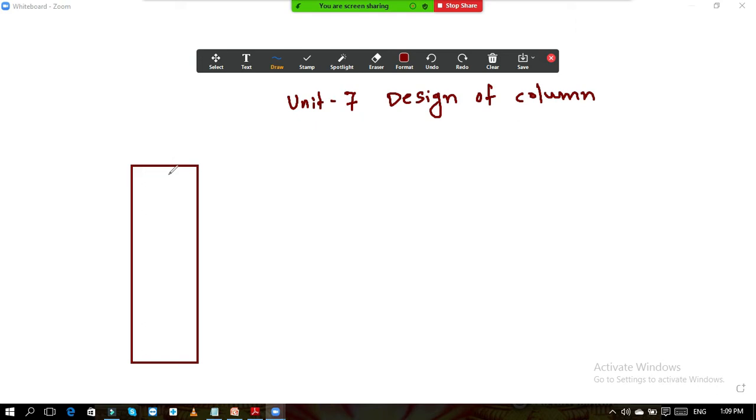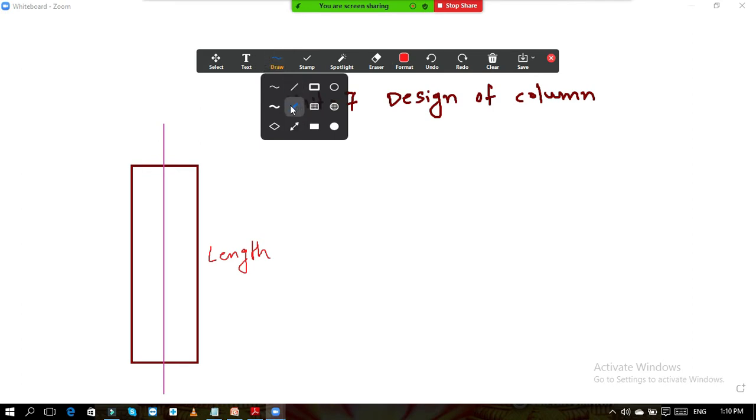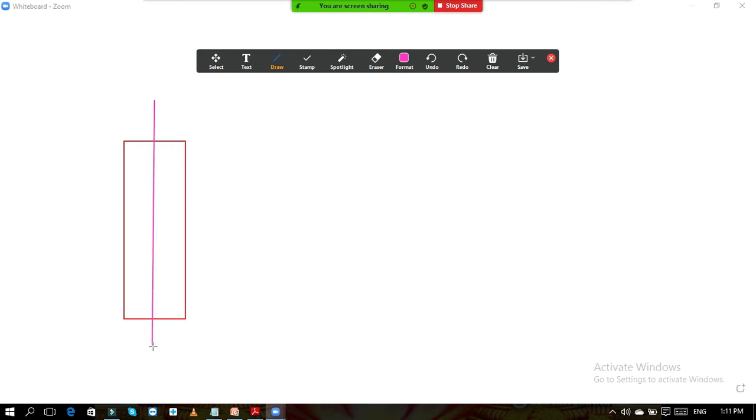So generally, if I draw the axis of the column, then this is the axis of the column, and a column always carries a vertical load. So the length of the column, this dimension, we call it the length.